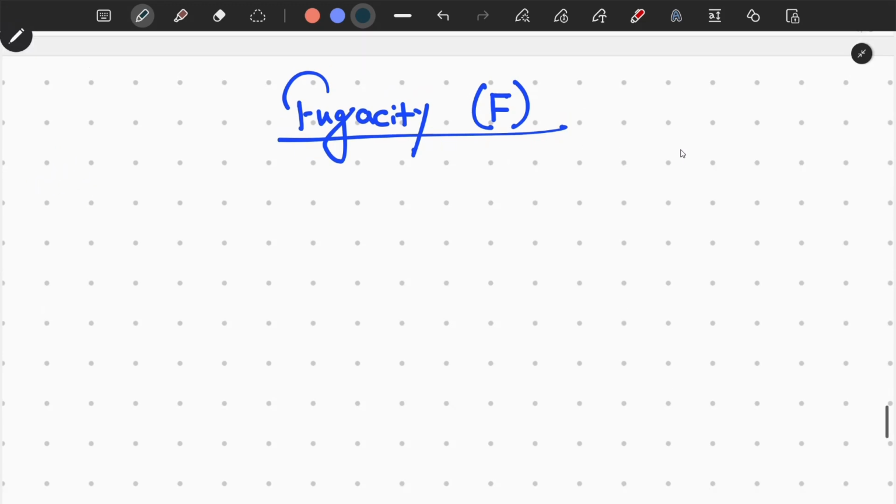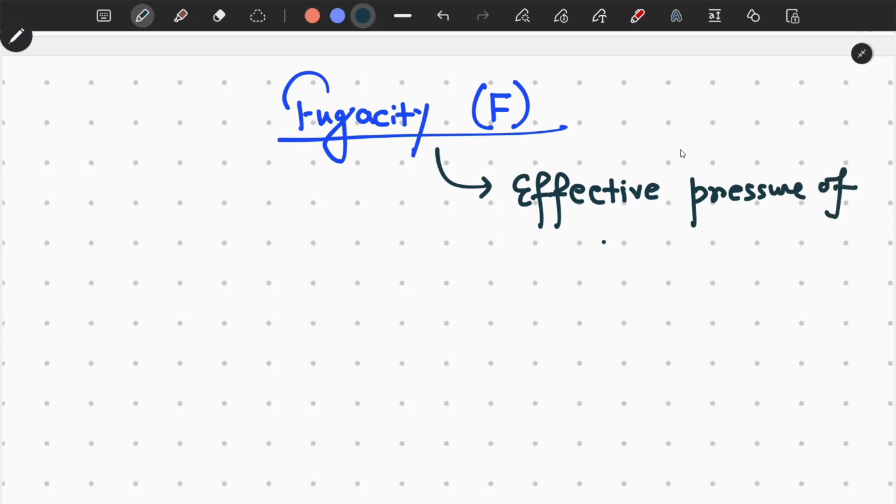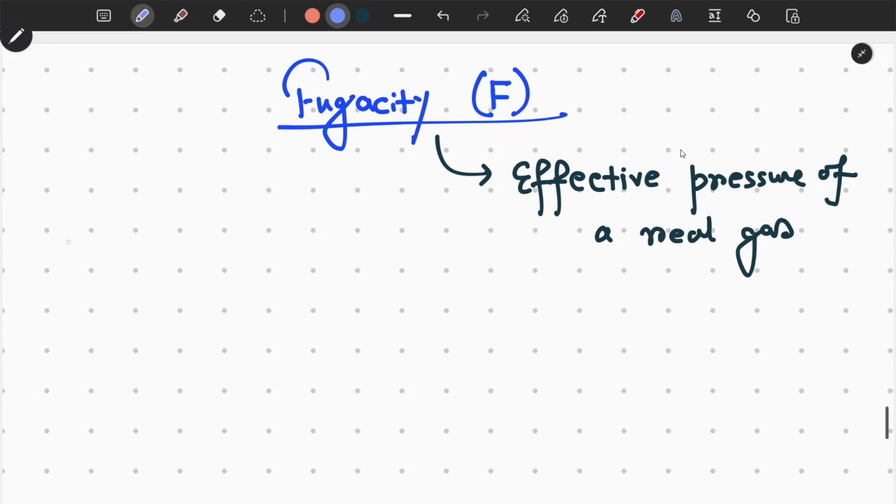So this is basically just effective pressure. Its unit is the same as pressure, the pressure of a real gas. So how can you think of it? Just like activity and concentration. If you remember, there is a relation: activity equals gamma times c.